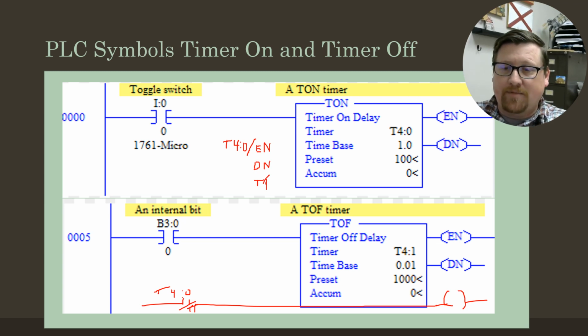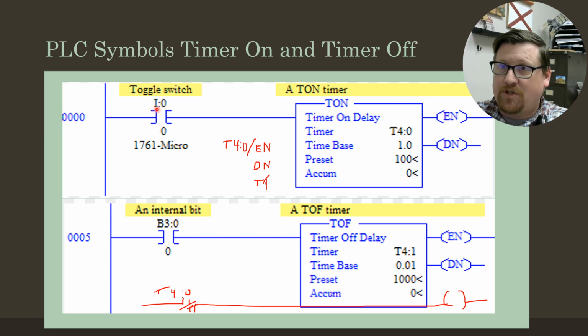The accumulate right here, that is what it's counted up to so far. So when I toggle this switch, I:00, that accumulate is going to start counting. We're counting by ones here, so we're going to count 1, 2, 3, 4, up until we get to 100. That accumulation is going to continue to go up.